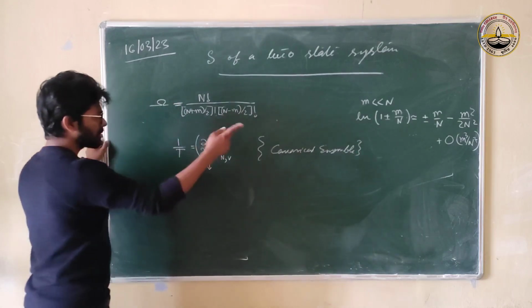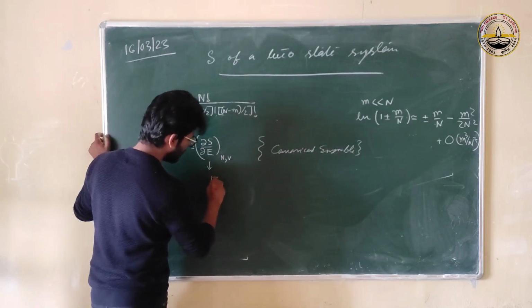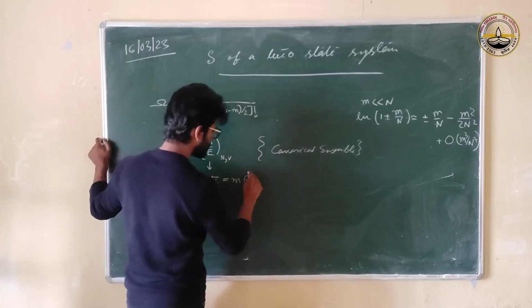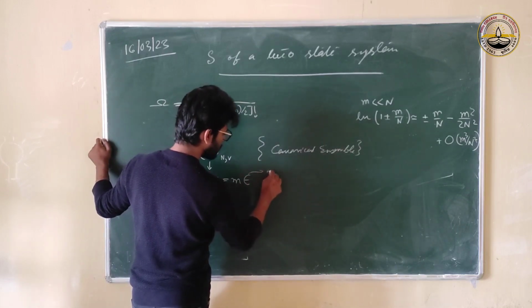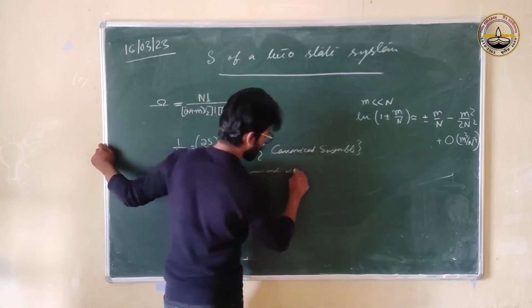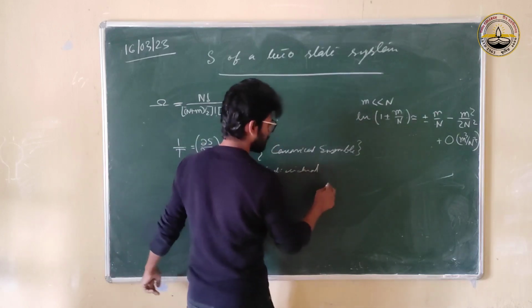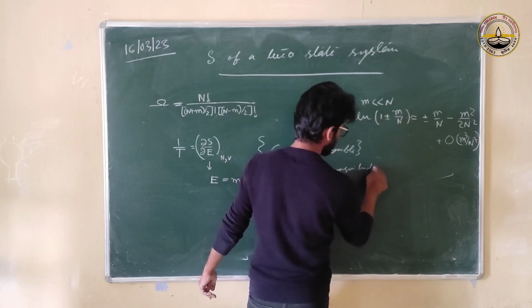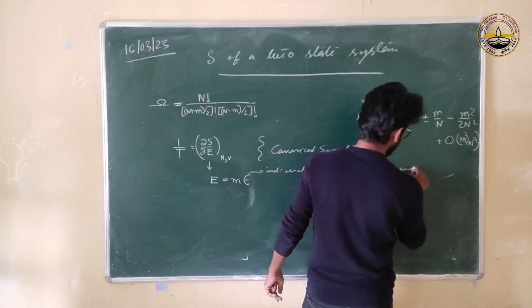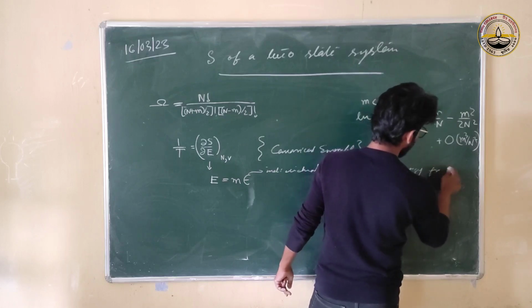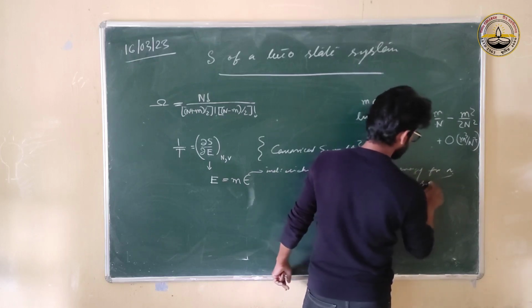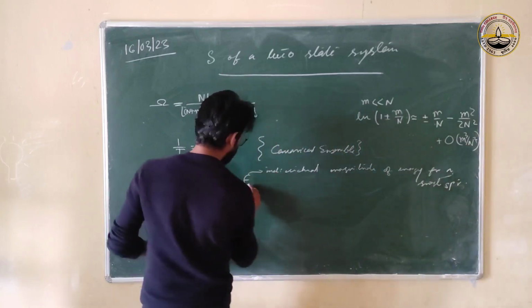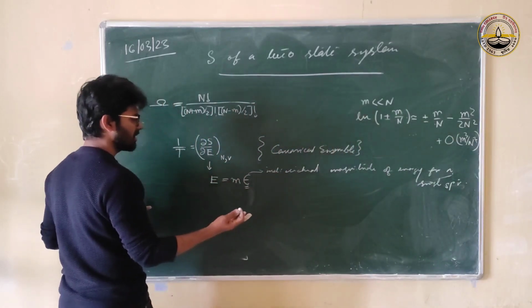So remember that we also had E equal to M epsilon. Epsilon was the individual magnitude of the energy for a single spin. So obviously this epsilon is constant.